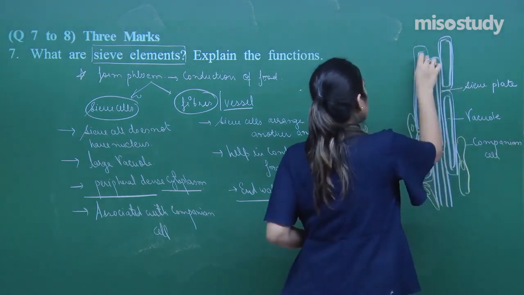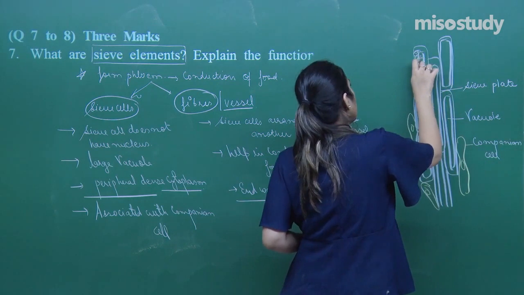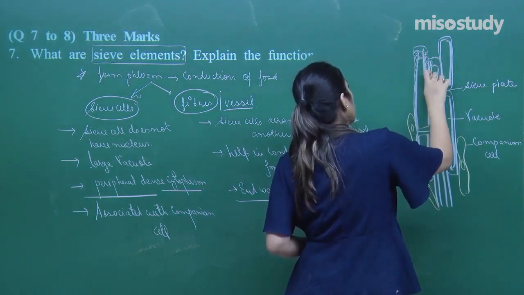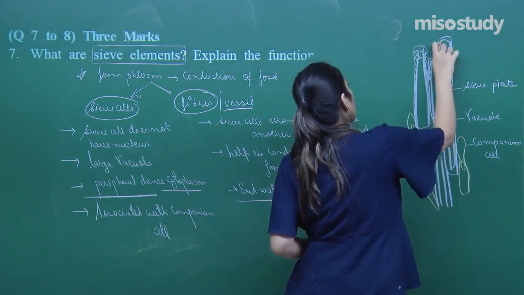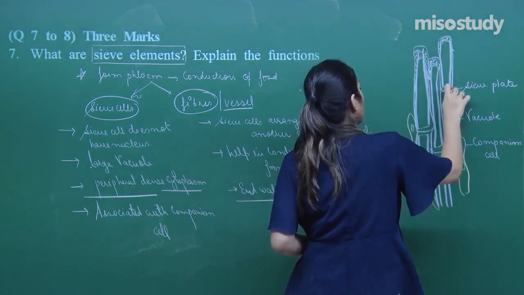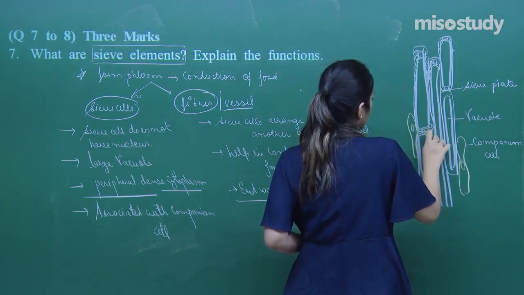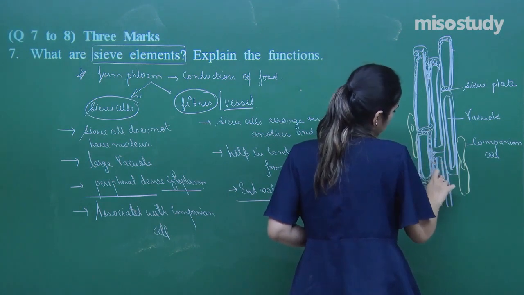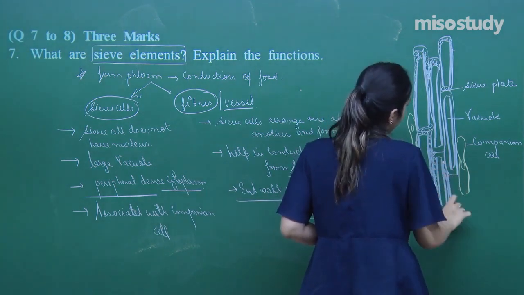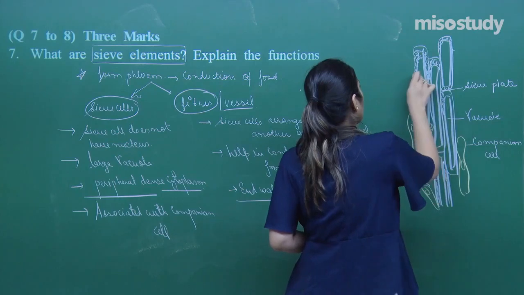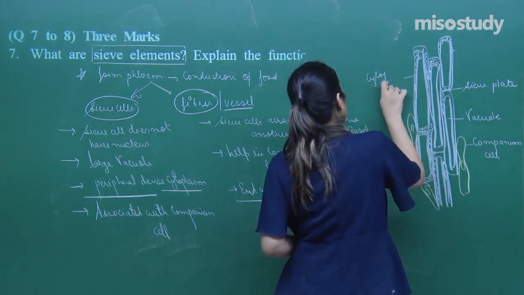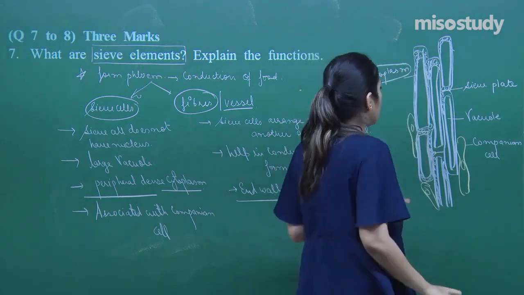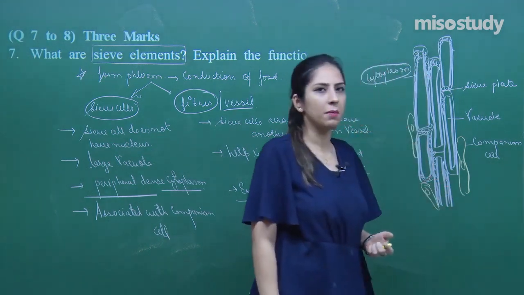In this outermost you can see a cytoplasm is filled. So this is a cytoplasm. Sieve plate is there, vacuole is there, these are the companion cells.